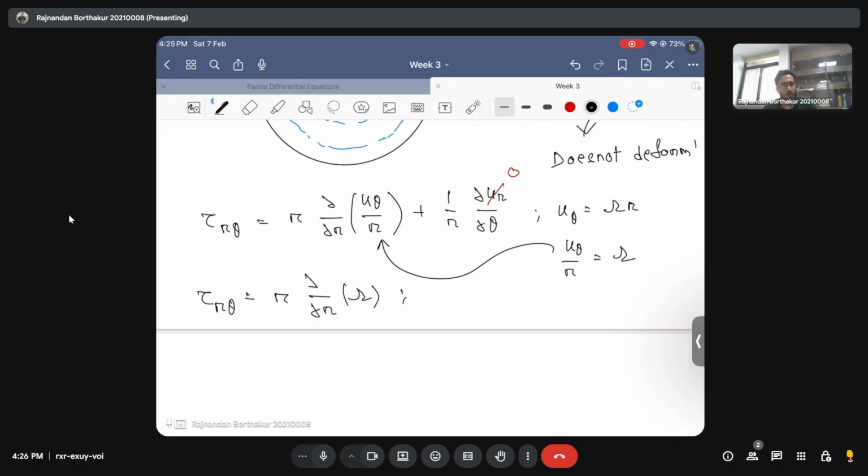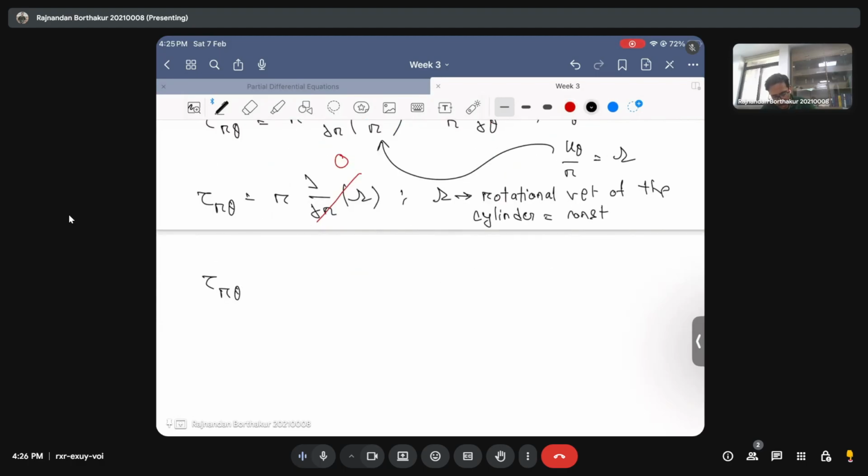Now, omega, the rotational velocity of the cylinder, is just a constant, so del r of omega is equal to 0. Then my tau r theta, which is equal to tau theta r because stress is symmetric, is just equal to 0.